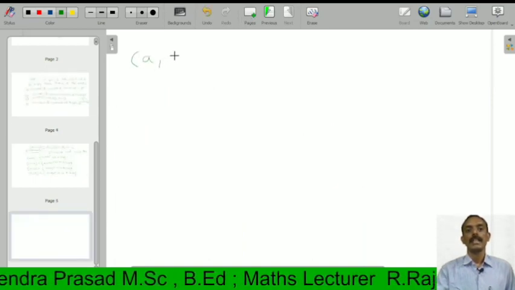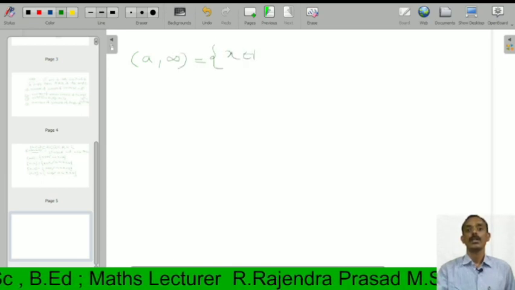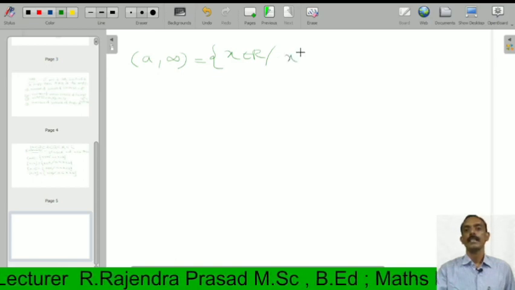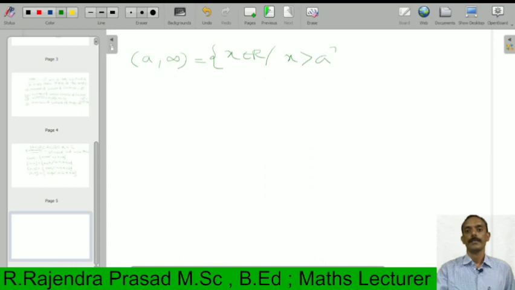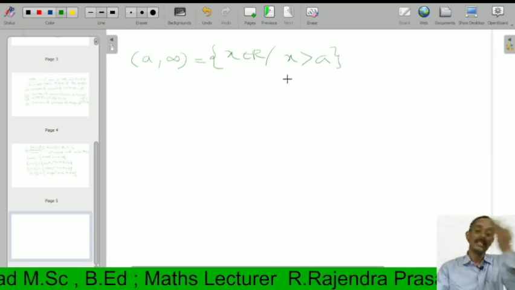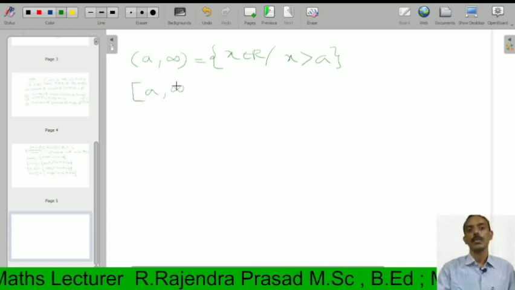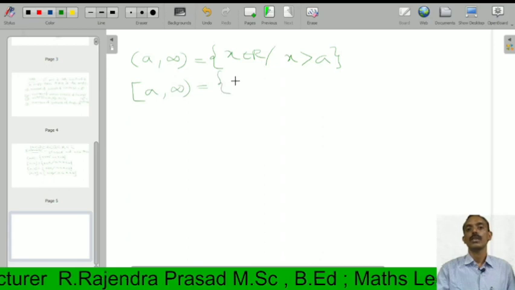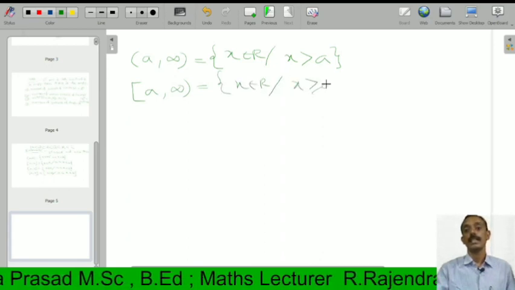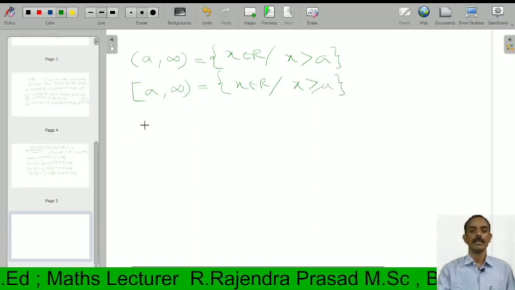Open interval (a, infinity) equals x belongs to R such that x is greater than a. Closed interval [a, infinity) equals x belongs to R such that x is greater than or equal to a. Here x equals a or x is greater than a.